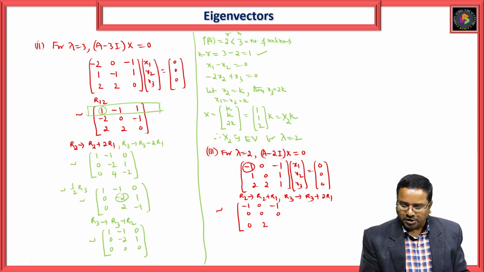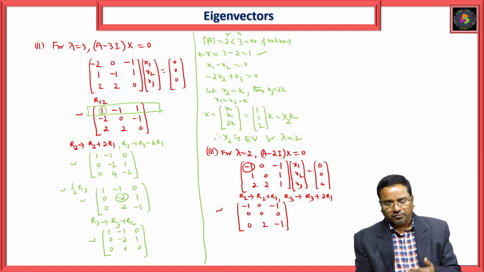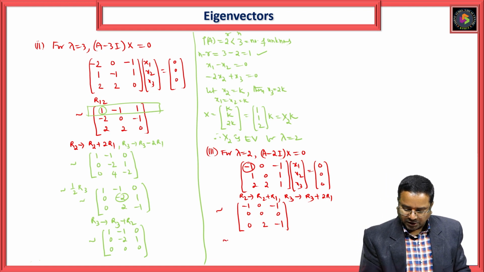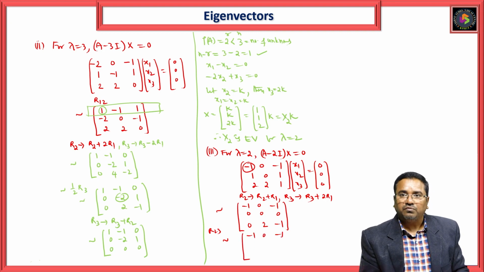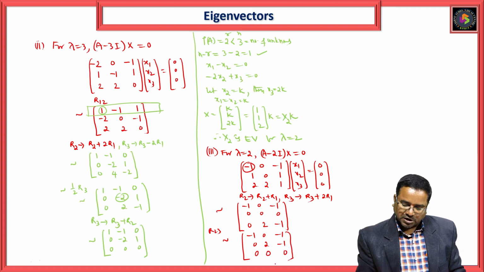Minus 2 plus 1 is minus 1. In the process of echelon form, whenever you get any zero rows, bring them to the bottom. So interchange R2 and R3. Because we are familiar with echelon form, I am moving a little quickly. 0, 2, minus 1, and 0, 0, 0. Now we reach the echelon form.